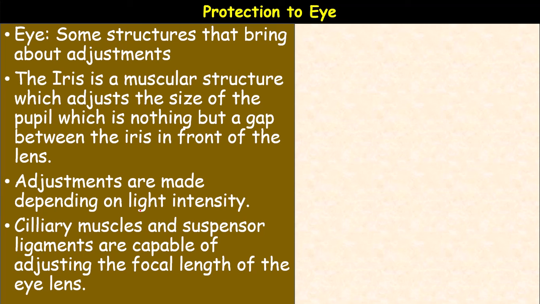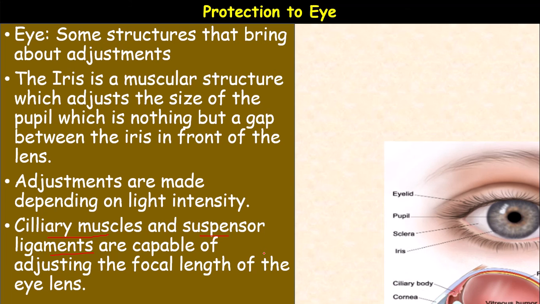We have observed all these structures in the structure of the eye. At that time we saw that the ciliary muscles and suspensory ligaments are capable of adjusting the focal length of the eye lens.